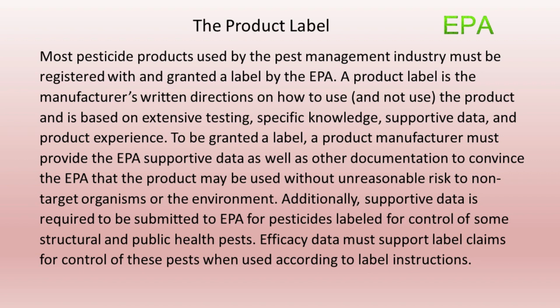To be granted a label, a product manufacturer must provide the EPA supportive data as well as other documentation to convince the EPA that the product may be used without unreasonable risk to non-target organisms or the environment. Additionally, supportive data is required to be submitted to the EPA for pesticides labeled for control of some structural and public health pests. Efficacy data must support label claims for control of these pests when used according to label instructions.